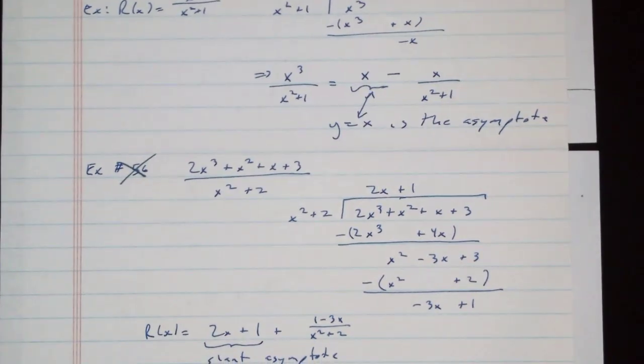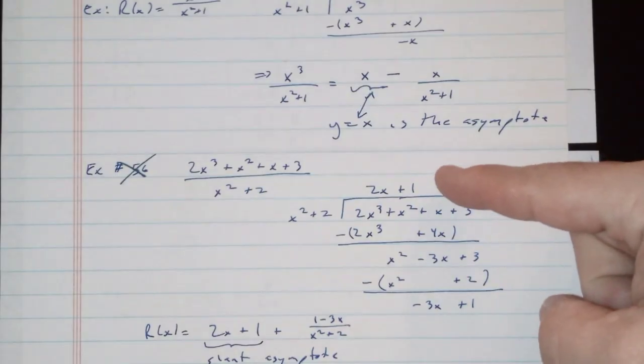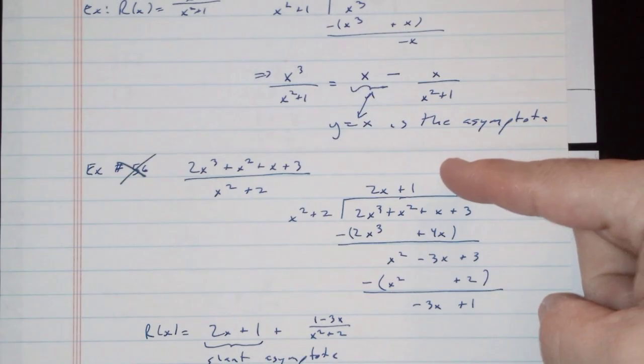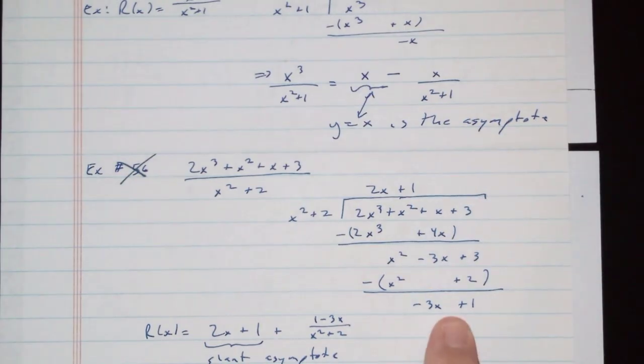Another example. 2x cubed plus x squared plus x plus 3 divided by x squared plus 2. Power on top is 3, the power on the bottom is 2. I'm going to get a line. What line? Whatever my quotient is up here. There's my remainder. After I do the division, quotient, remainder, that's the line that makes up my asymptote.